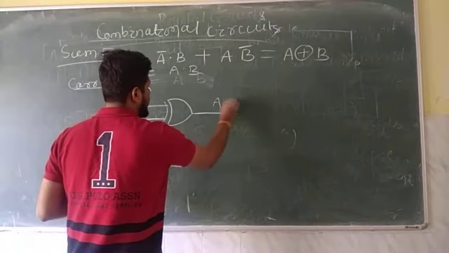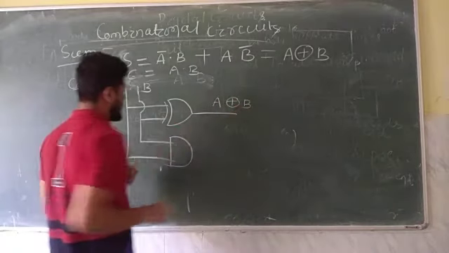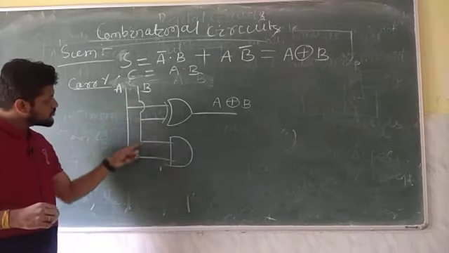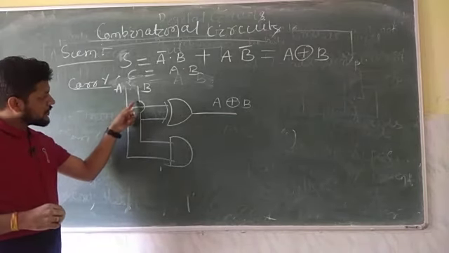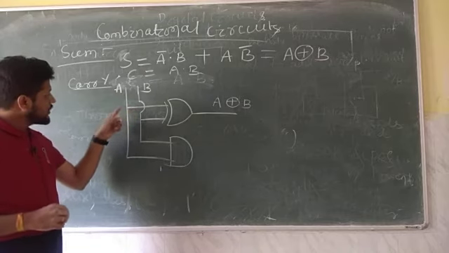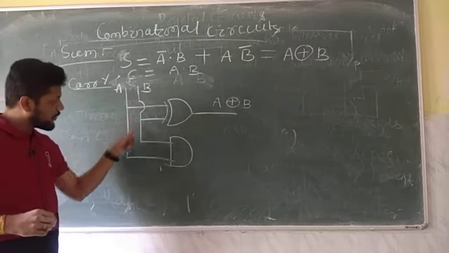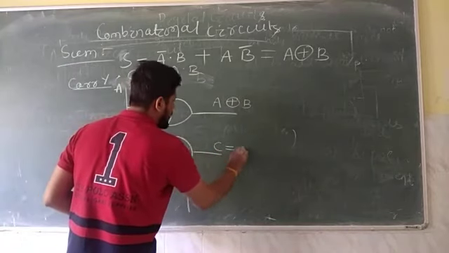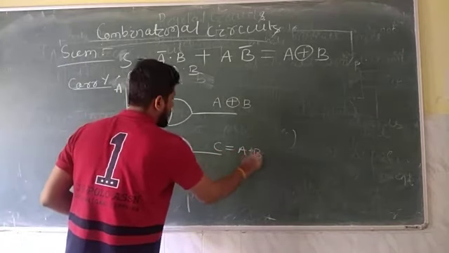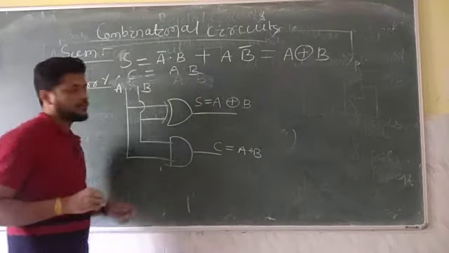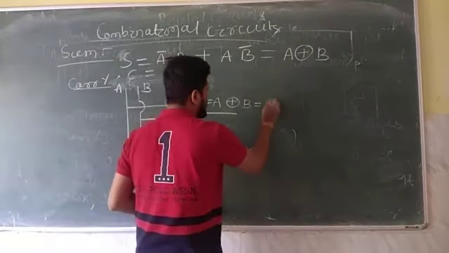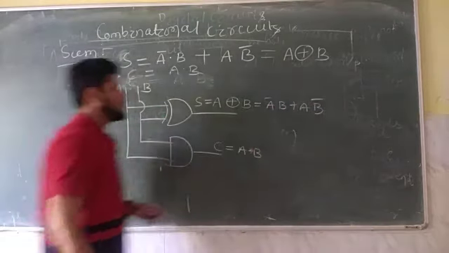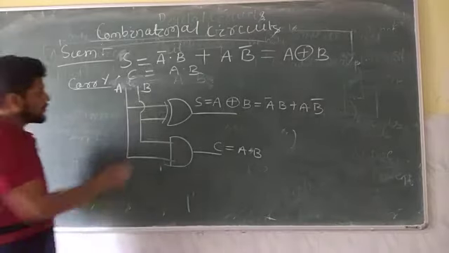This is your A XOR B, because this is your XOR gate, and here this is a jumper I am using. Jumper means a crossover from the input A. This is your input B, and this is your AND gate. So AND gate output will be C is equal to A and B, and S is equal to A XOR B, or we can write this as A bar B or A B bar.